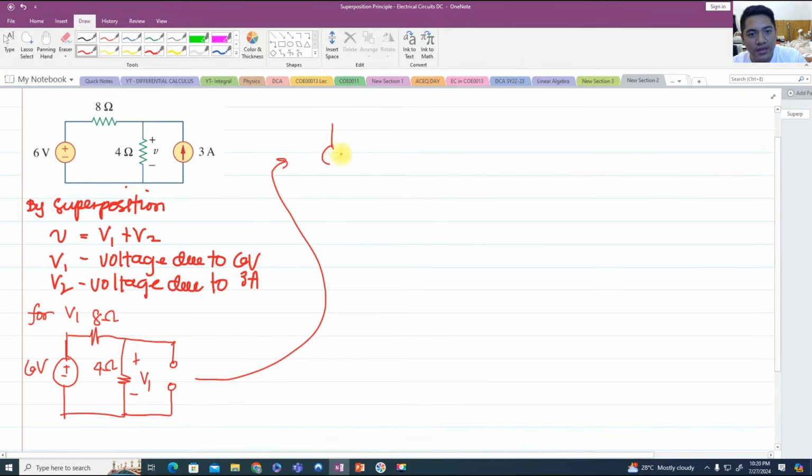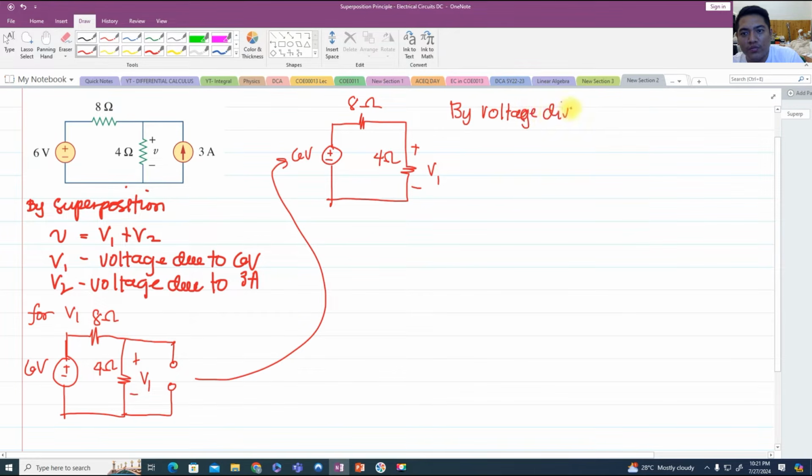If we analyze it, this is just an open circuit, so your circuit would simply look like this. It's just a series of 8 ohms and then the 4 ohms. We are asked to find V1 here. By voltage division, it's pretty obvious we can use the voltage divider formula.